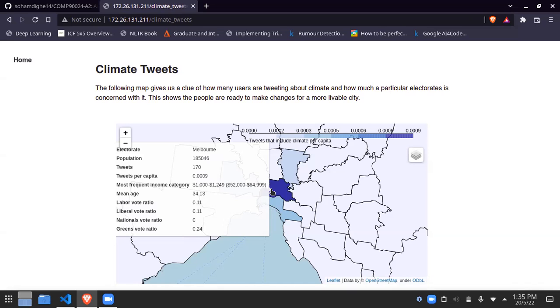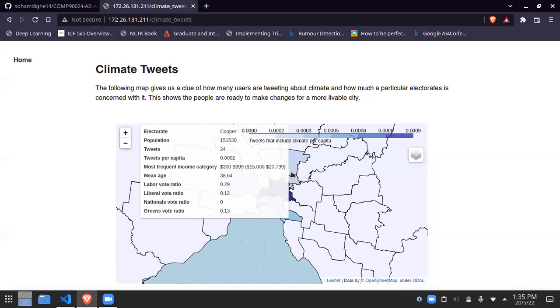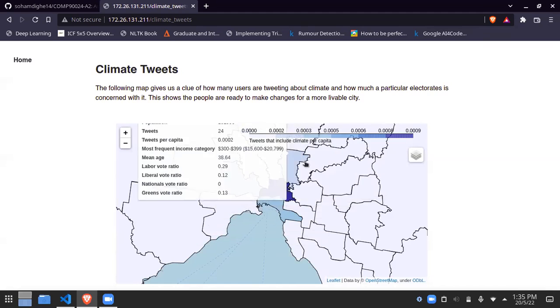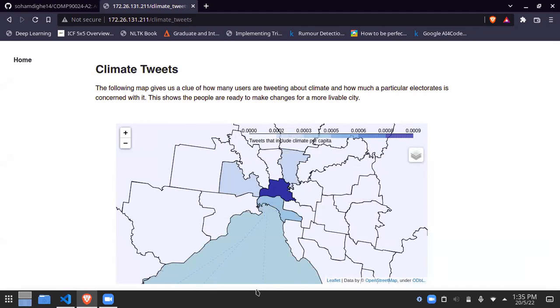Or we can also say that the population density is high enough that they tweet more often. Whatever it is, it fits well into our assumption that the more populated places are, the more concerned the people would be with climate. So this fits as well.